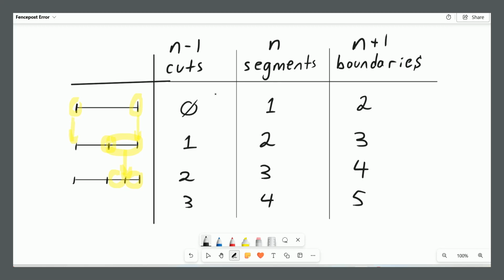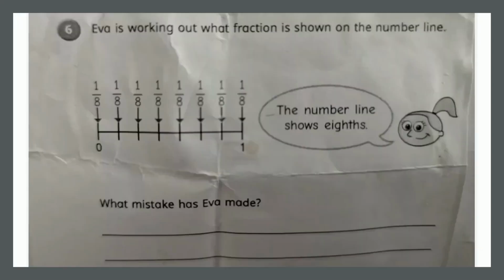If we go back to the original homework question here, our student Eva looked at the picture and saw the number of boundaries and thought, oh, well, there's 8 boundaries along this number line, so it must be representing eighths. But when we're talking about fractions, we're talking about the number of segments that something is cut into.